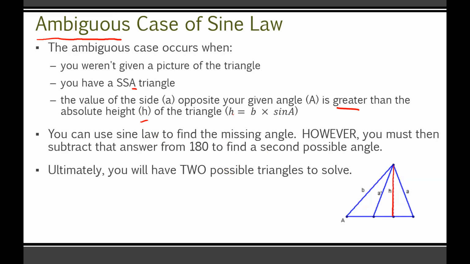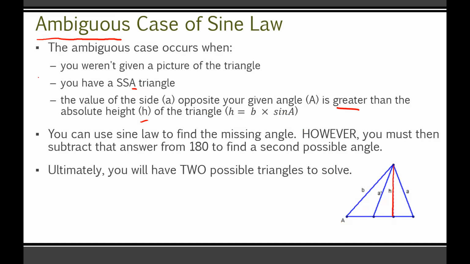I want you to notice that H could just be found by going B times sine A, I know it's backwards here, but take sine of A, which would usually equal opposite, which is H over B, multiplied by B on both sides, you'd have H equals B times sine A, right? So in other words, I'll say it again, your A side across from the angle that was given needs to be greater than the absolute height of the triangle.